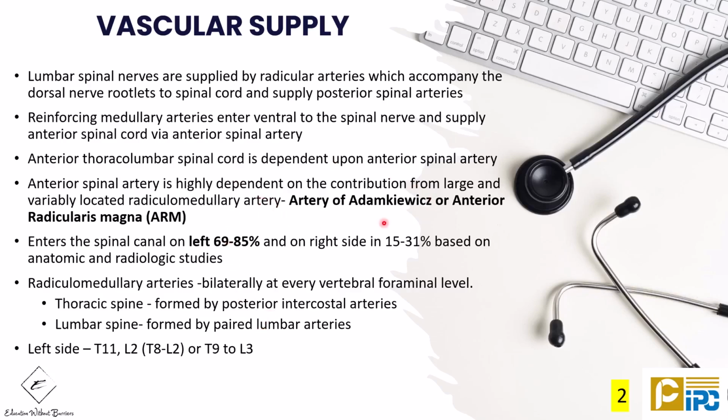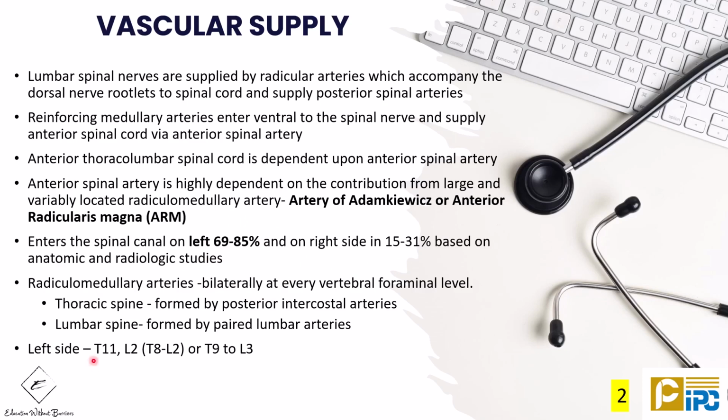Now, this big artery which reinforces the anterior spinal artery is generally on the left-hand side. Approximately, say, 69 to 85% will have it on the left-hand side, whereas 15 to 31% would have it on the right-hand side. It can be located at variable levels, and different studies have found they're located at different levels.